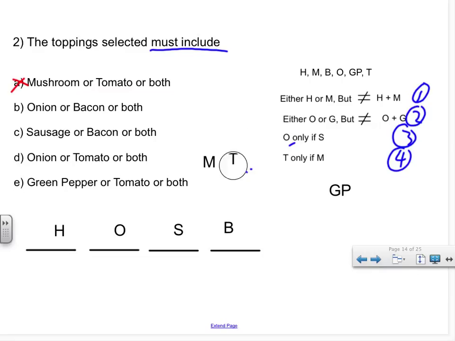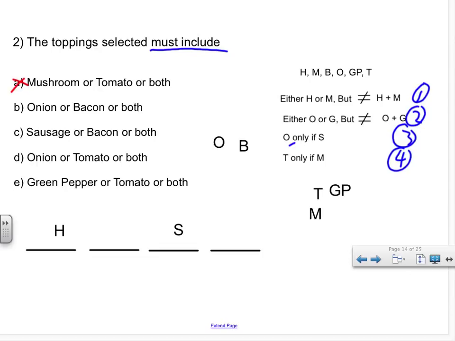So let's try B, onion or bacon. Let's try onion or bacon isolated. And what do we have left? We have H, S, M, T, and GP.